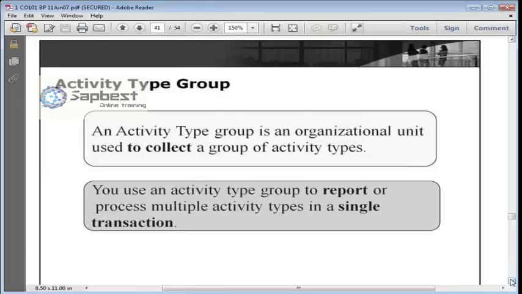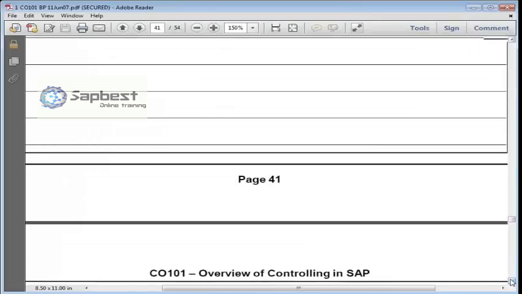Anything production, welding, fitting, piping, assembling, could be production activities. You can group them into higher-level activities. In CO, you have a lot of groups: cost element groups, cost center groups, activity type groups. Everything is at the bottom level, and the group is higher, because of all the reporting on the CO side.